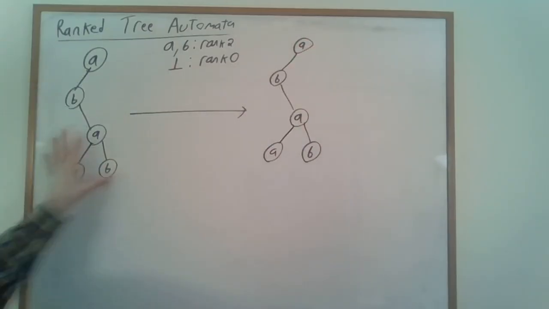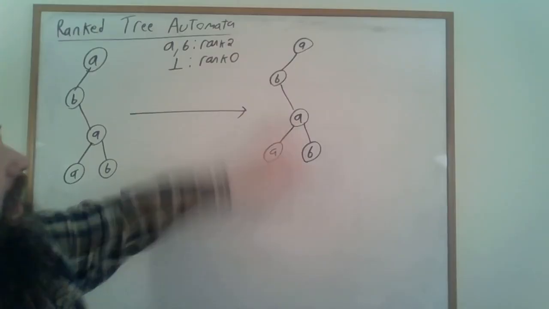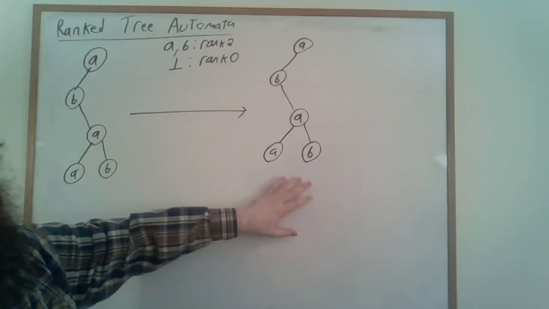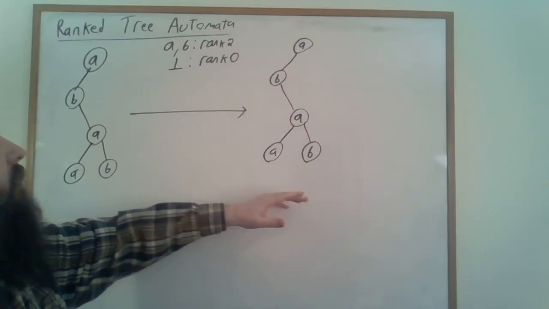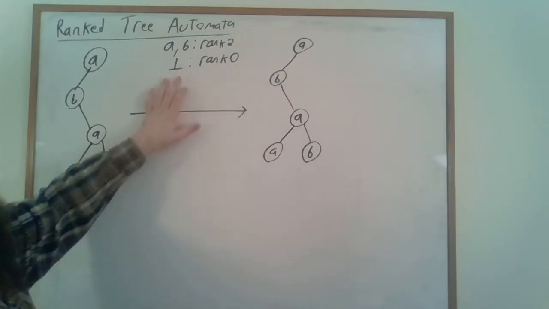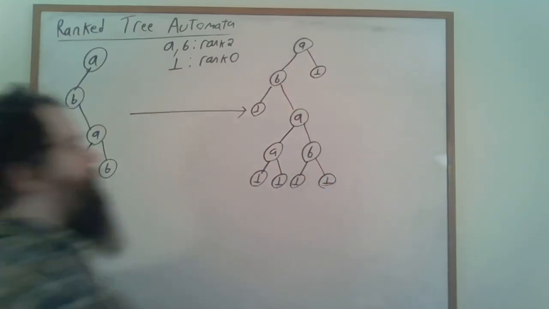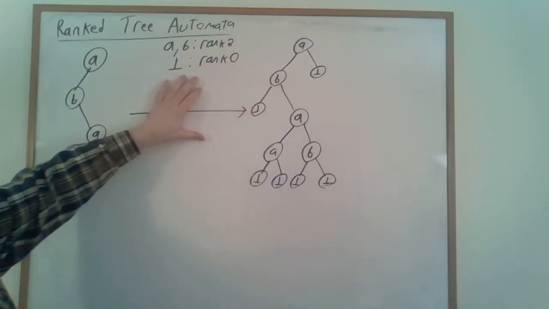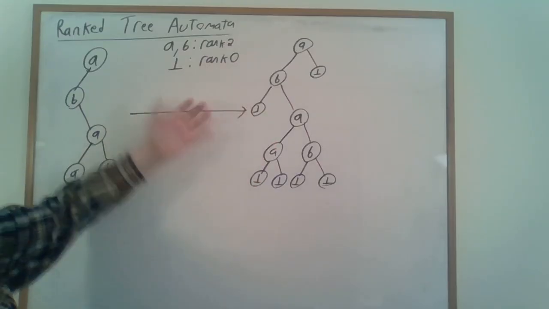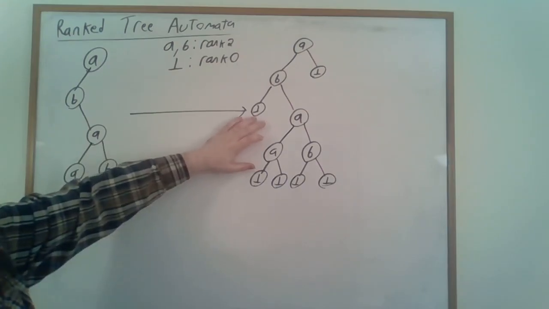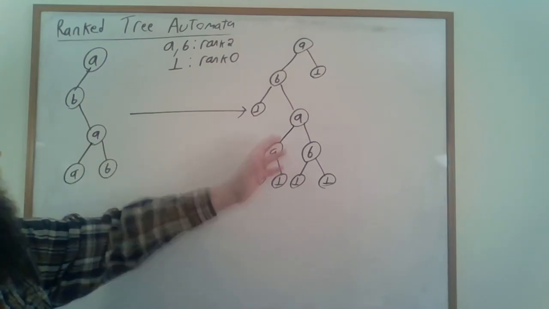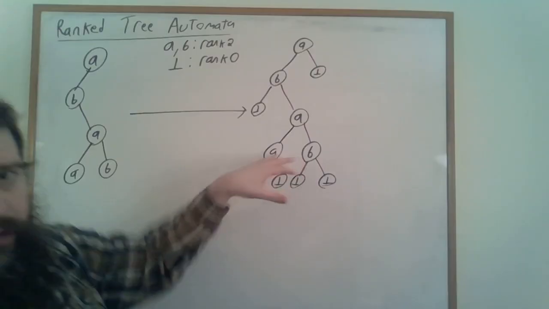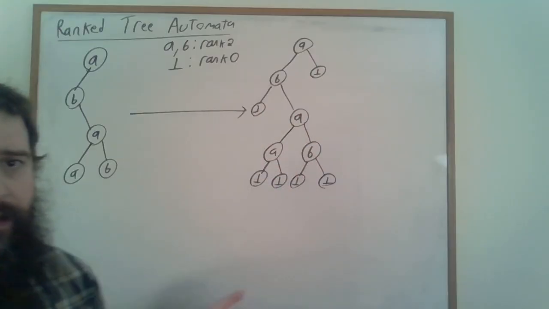And that's to just copy our tree over and then add in a bunch of nodes wherever there's a missing child and assign those nodes the character bottom. And so now we have a valid ranked tree over this ranked alphabet. We add in a new state to assign to all of the bottom nodes. And then we just define the transition function for each of these characters exactly as you would expect.